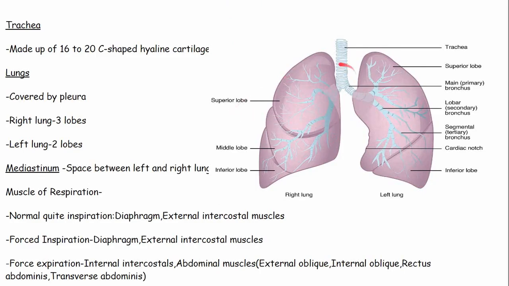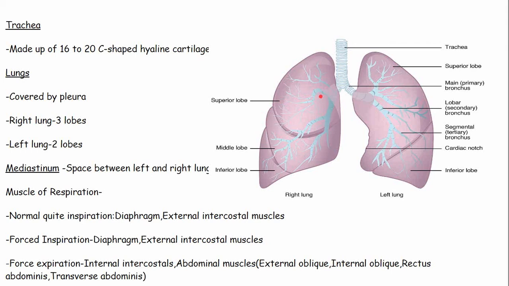Trachea: these are the C-shaped rings, which number 16 to 20. These are made of hyaline cartilage. Here you can see this type of C-shaped rings. And we have 2 lungs.